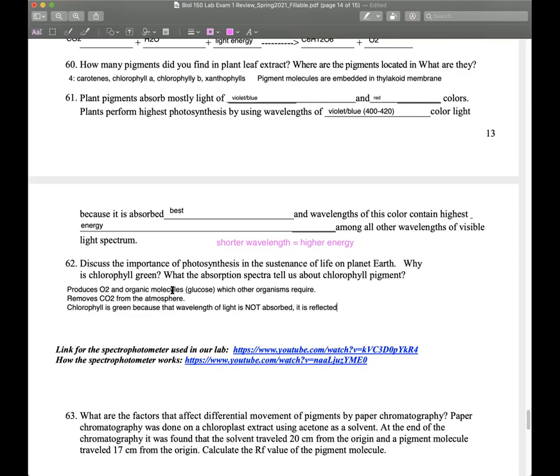The absorption spectra. This was the graph that you made in the third part of the lab, which was absorbance versus wavelength. So what did that tell us about chlorophyll pigment?